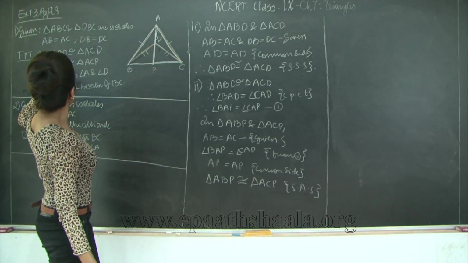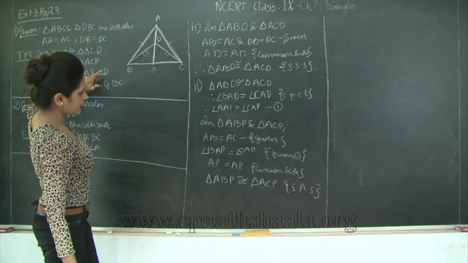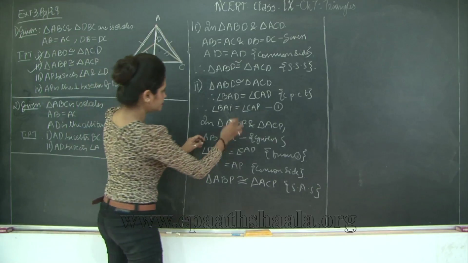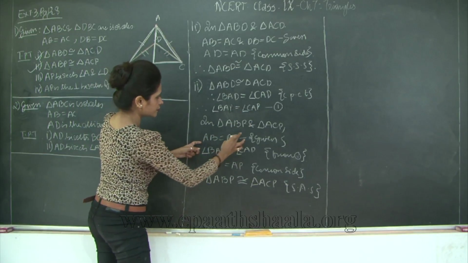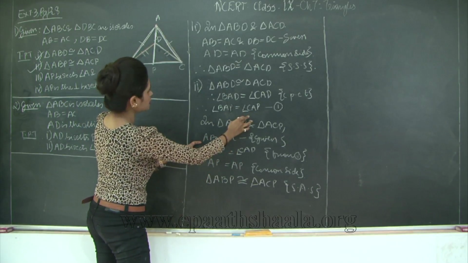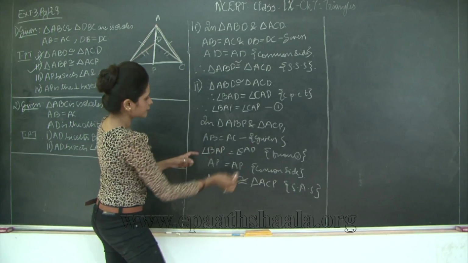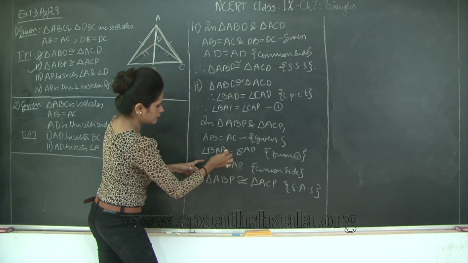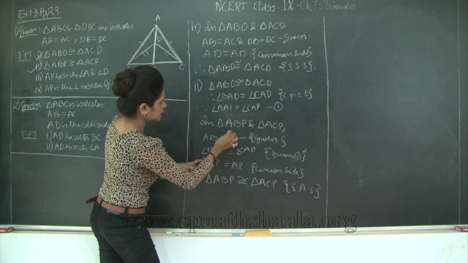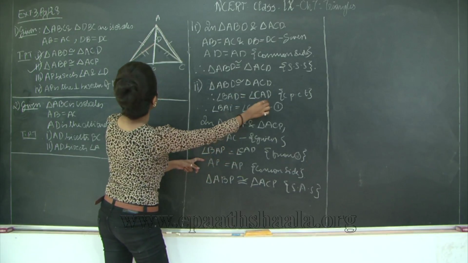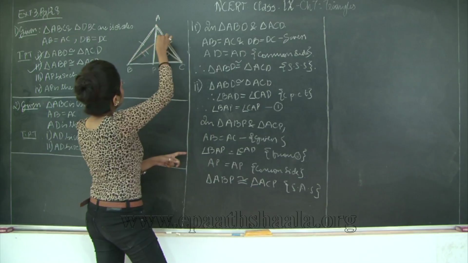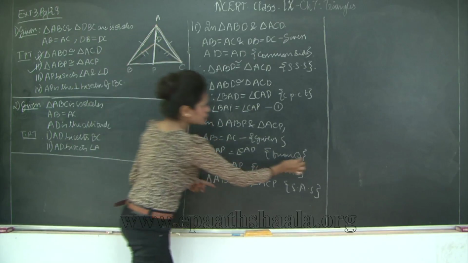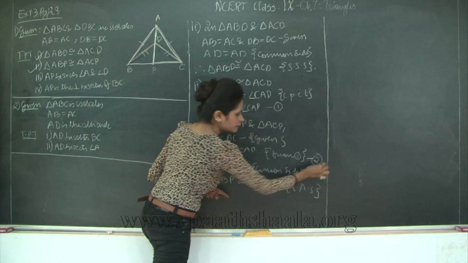We have already proved this over here: BAP is equal to CAP and BAD is equal to CAD.